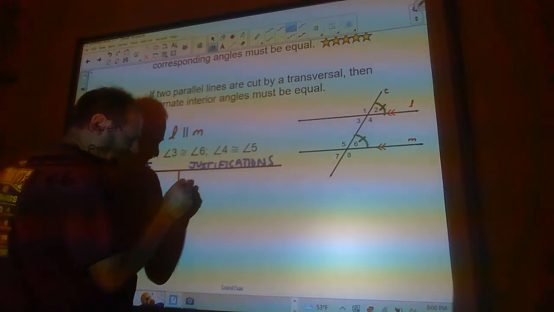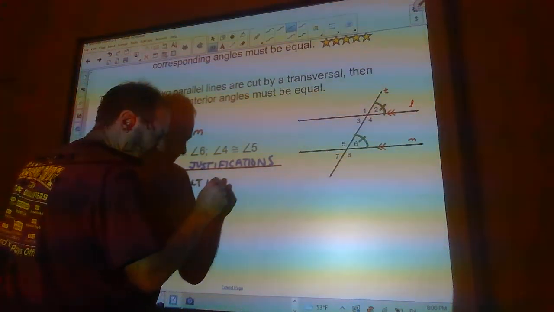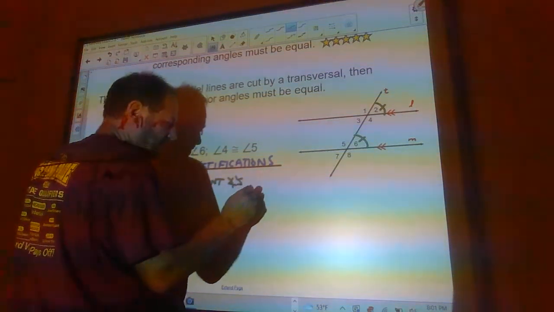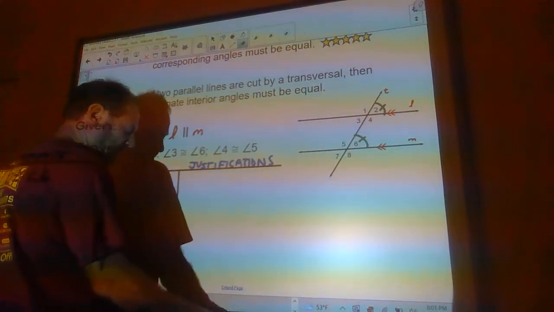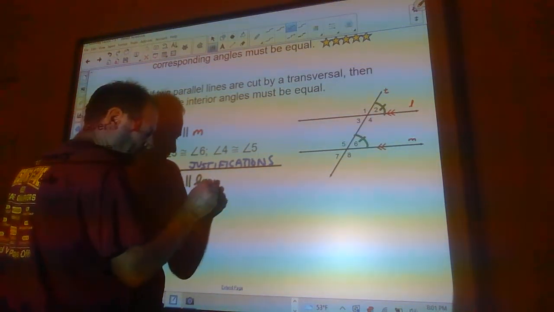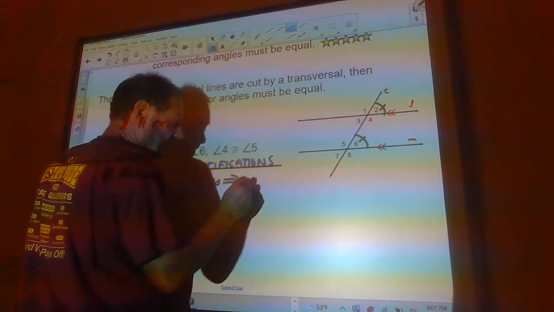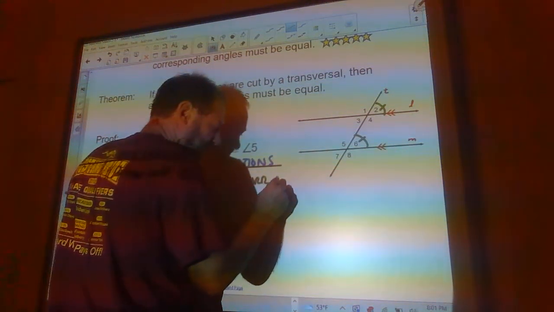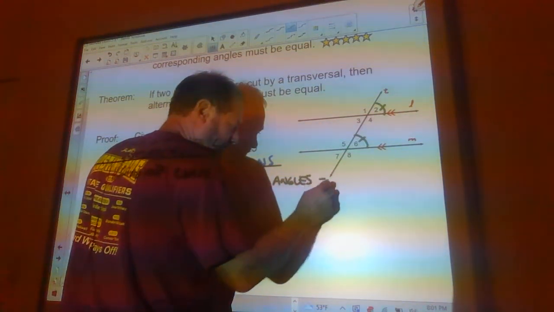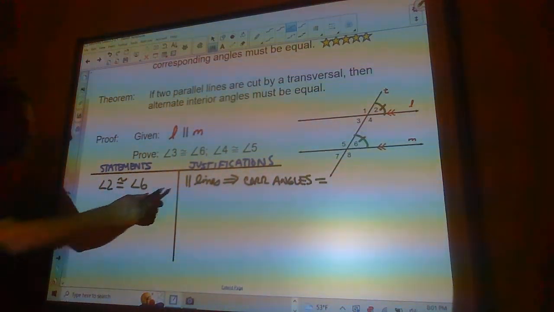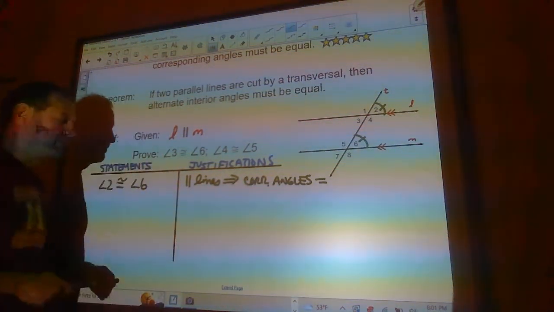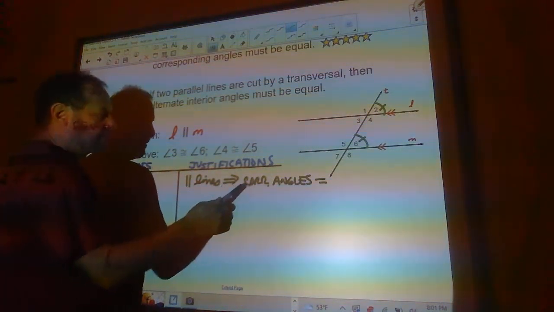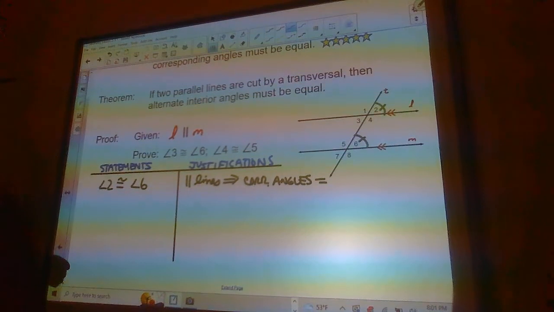We can abbreviate it like this: parallel lines imply corresponding angles are equal. Okay, there's our first statement. Our first justification. Now this is abbreviated. You can write it all out if you want to, but this is read: parallel lines imply corresponding angles are equal. Okay, so I've got angle 2 equal to angle 6.